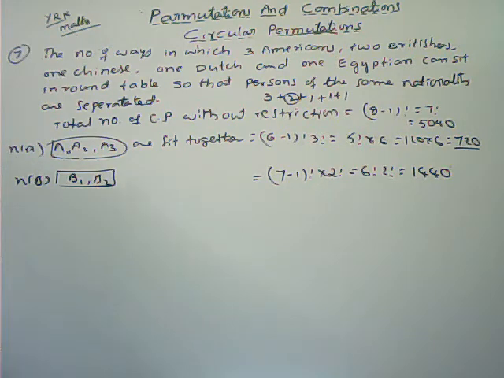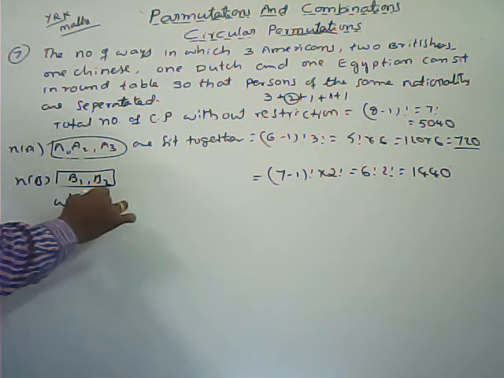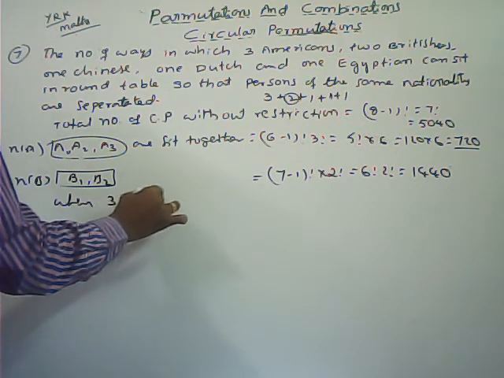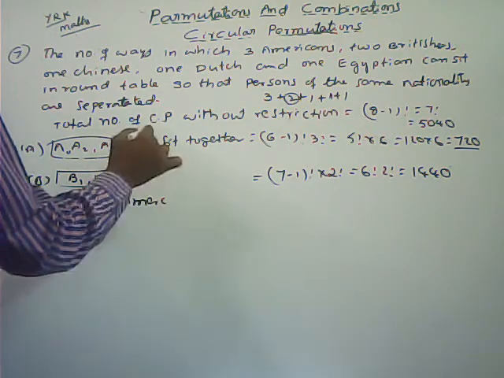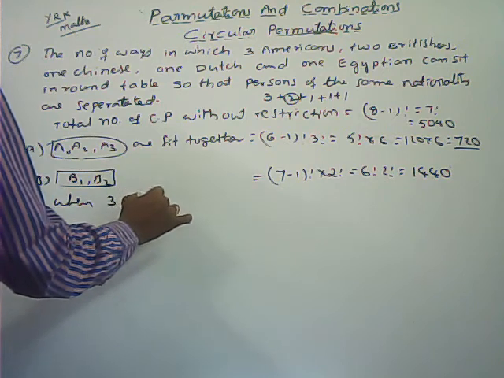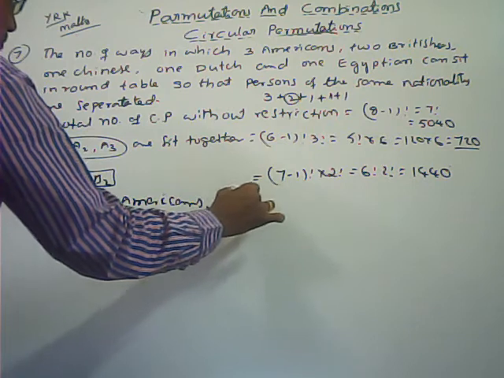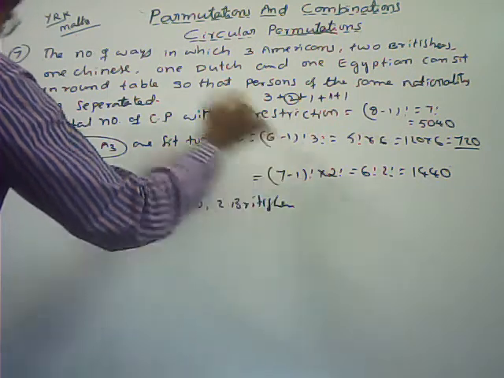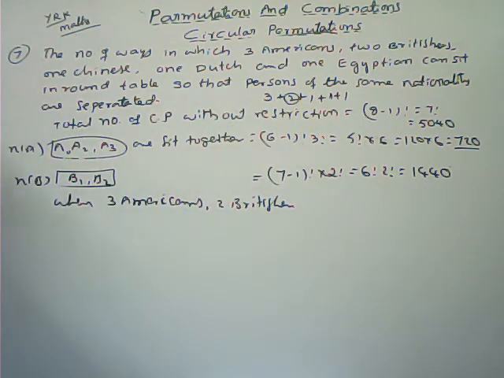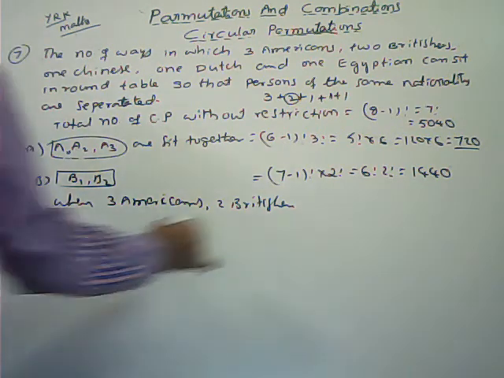Here, when the three Americans, two Britishers, three Americans A1, A2, A3 and two Britishers B1, B2 sit together.